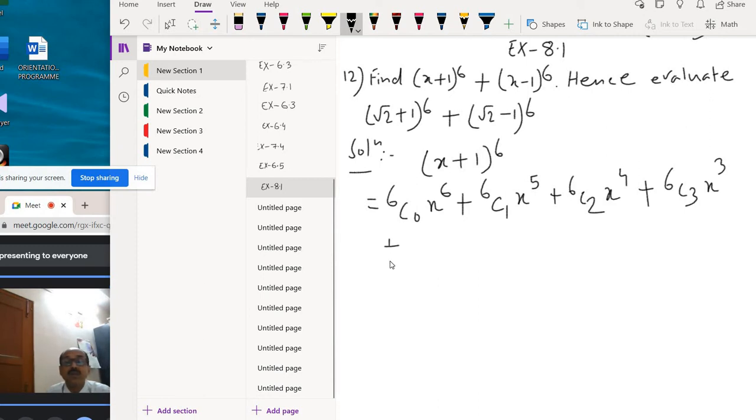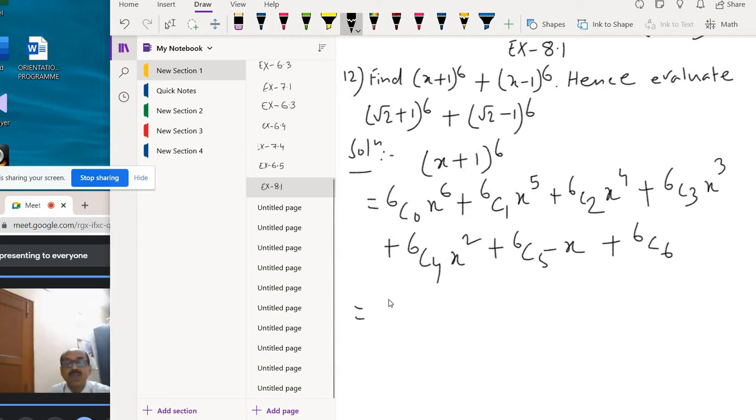Plus 6C4 x square, plus 6C5 x, plus 6C6 into 1 to the power 6, that is 1. So 6C6 is 1 only.